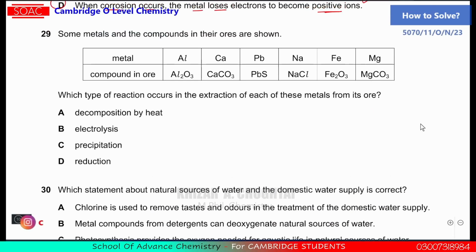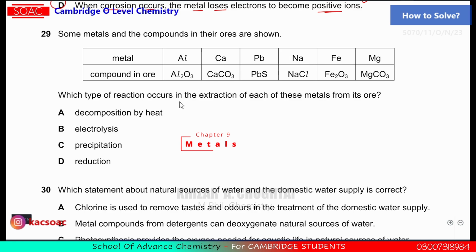Question number 29. Some metals and the compounds in their ores are shown here: aluminium, calcium, lead, sodium, iron, magnesium. Which type of reaction occurs in the extraction of each of these metals from its source?